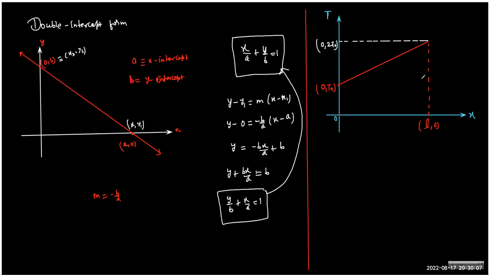Okay. So if you are at a location x, it must have some temperature T. The obvious question is, can you find that temperature's relationship with x?